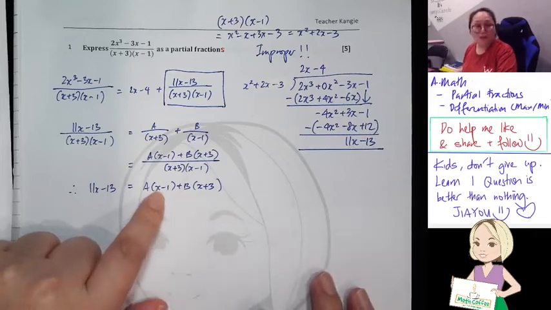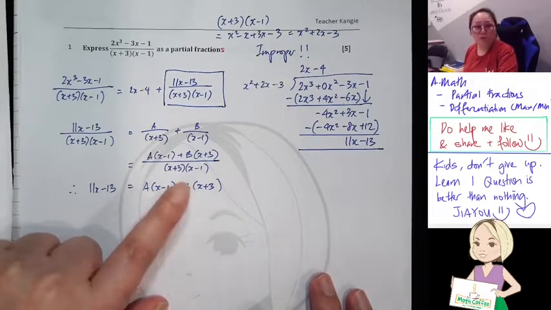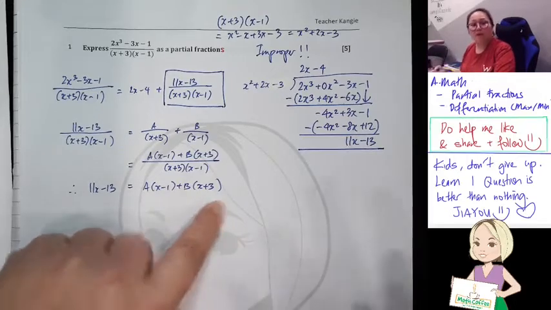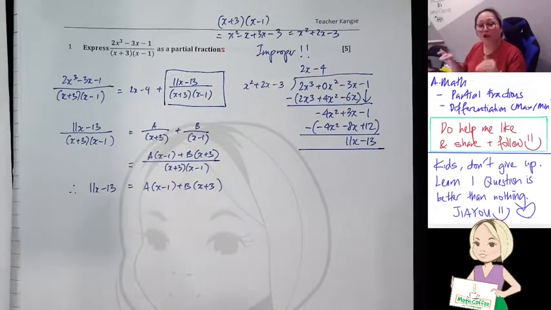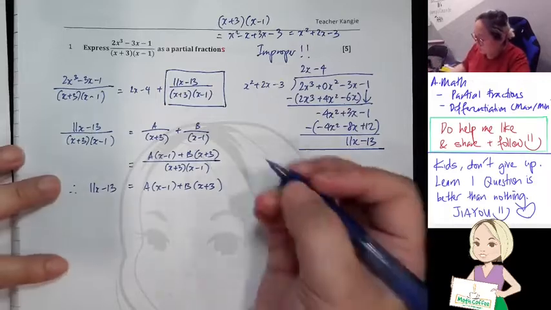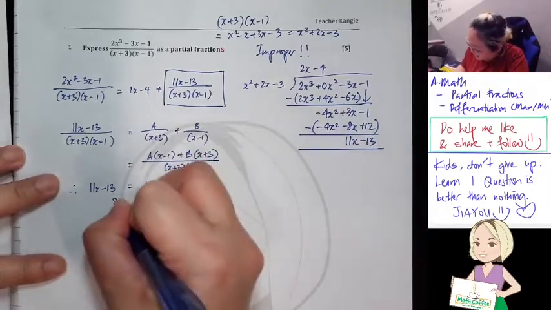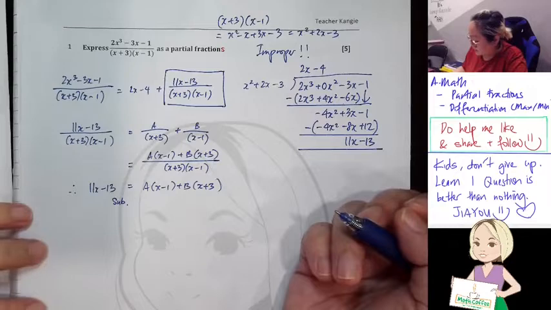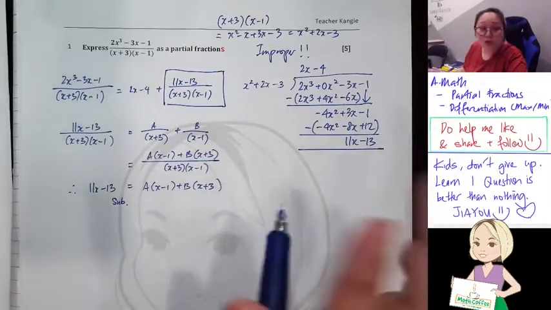If I'm going to sub x equals to 1, 1 minus 1 will give me 0. So 0 times A, my A will disappear, correct? But my B will remain. So I end up having an equation solving B. Okay, so I will sub in. Don't expand x, A and B. I usually use substitutable value.